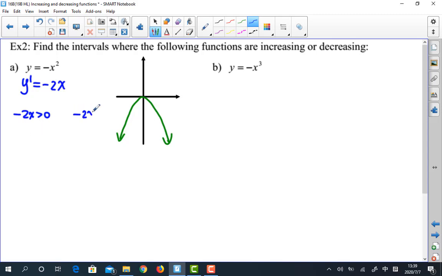When negative 2x is less than or equal to 0, you should have a decreasing interval. Usually later on we just use negative 2x equals 0 as the splitting point. x equals 0 is the splitting point on the number line.